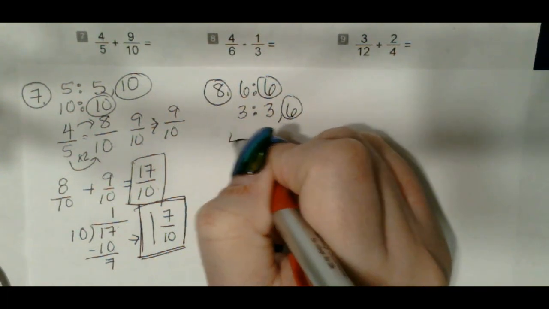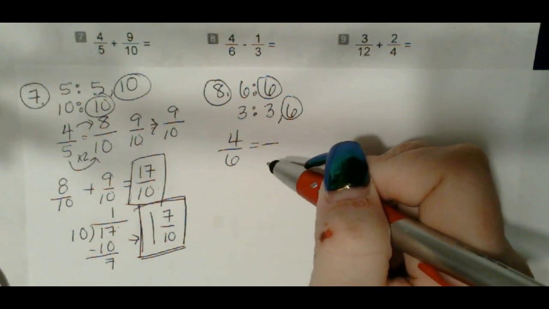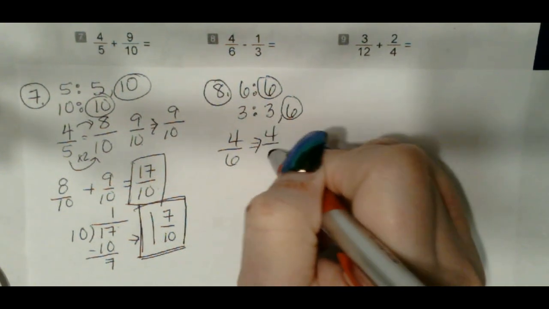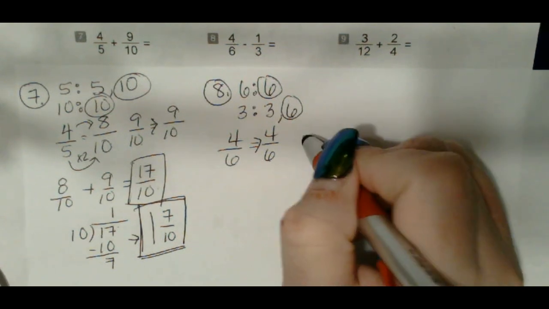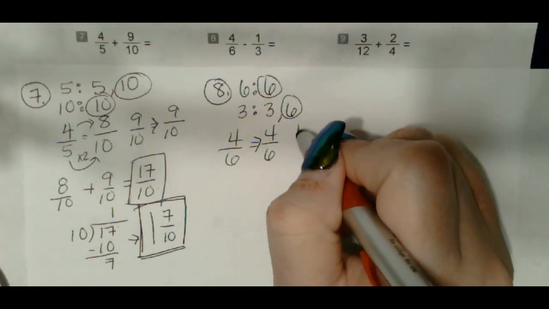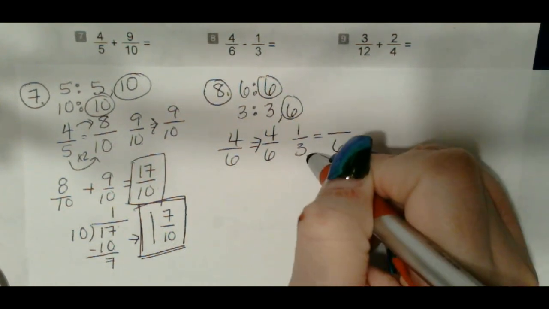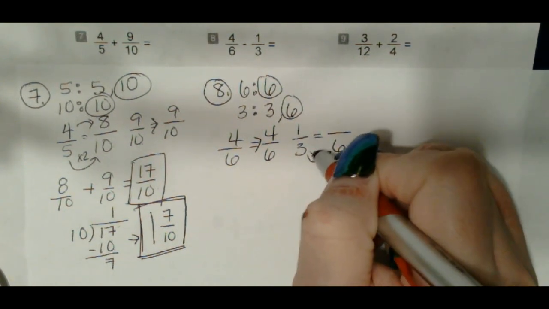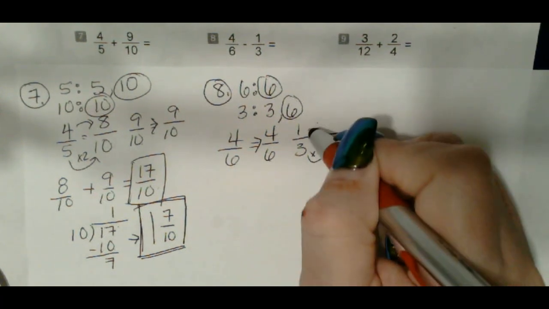So let's rewrite this. 4/6, well, the denominator is already 6, so that's going to remain 4 over 6. For 1/3, our denominator needs to become a 6, so 3 times 2 gives me 6. Whatever I do on the bottom, I have to do on the top.